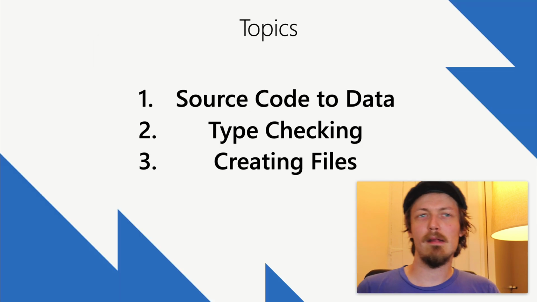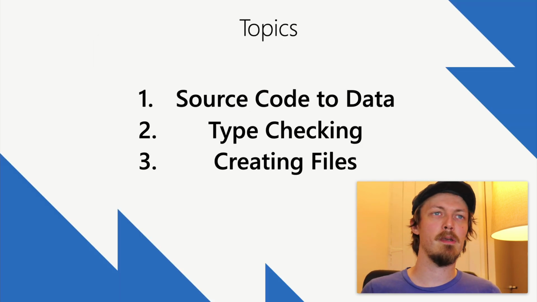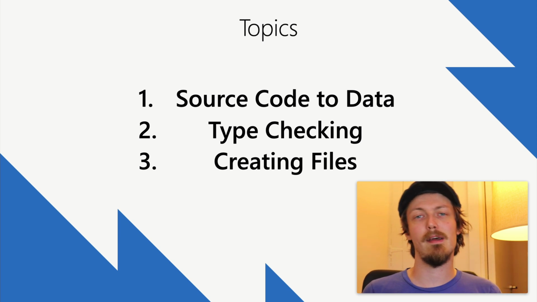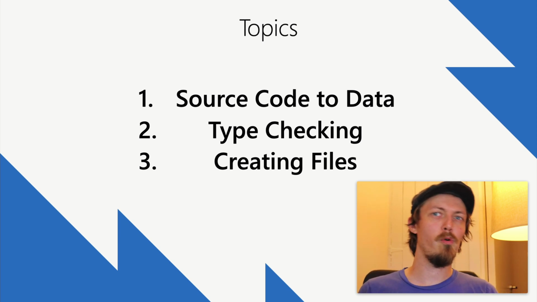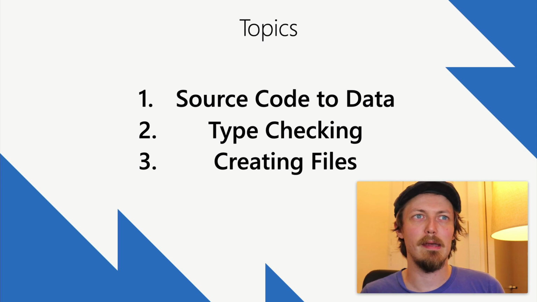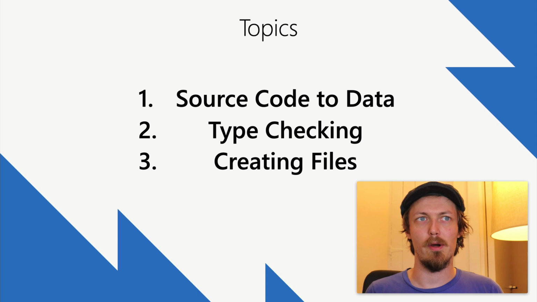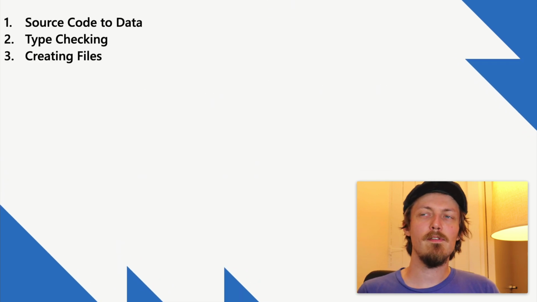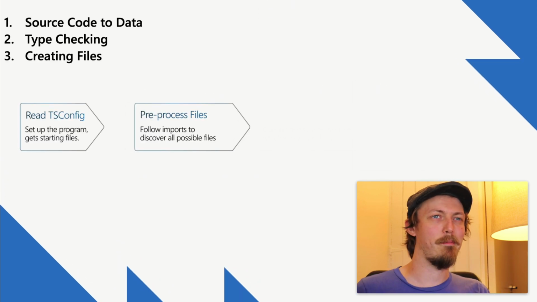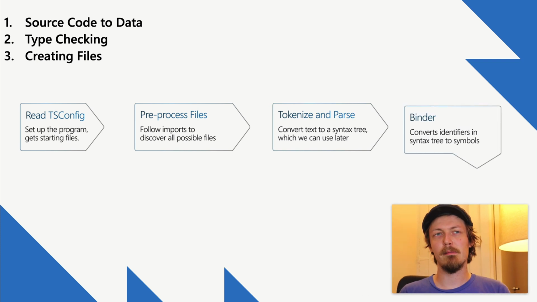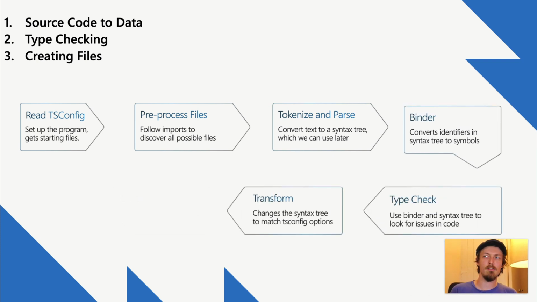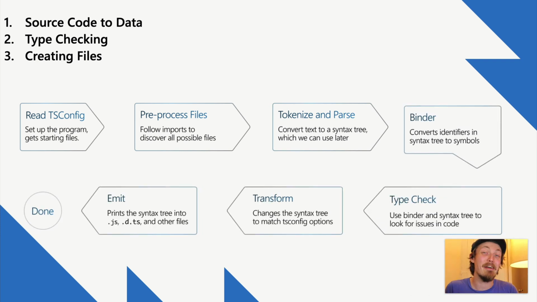So to give you a sense of what we're going to cover, we're going to be going over these 3 major topics, and then there's a little extra at the end. We want to understand the whole pipeline that goes on inside the compiler, and these are the 3 main responsibilities. To give you a sense of what the entire pipeline looks like for TypeScript, this is a diagram I made for documenting TypeScript.